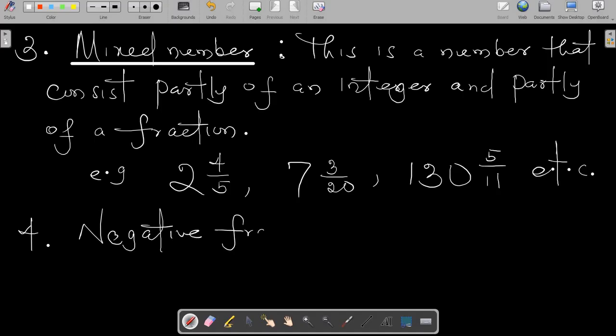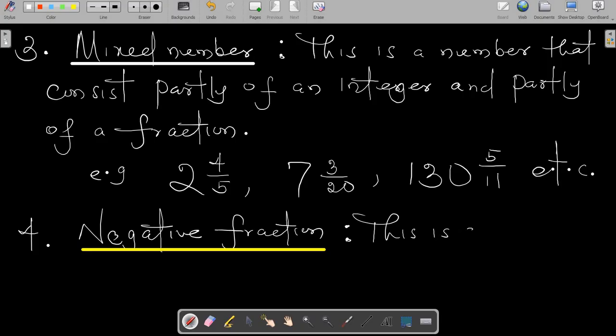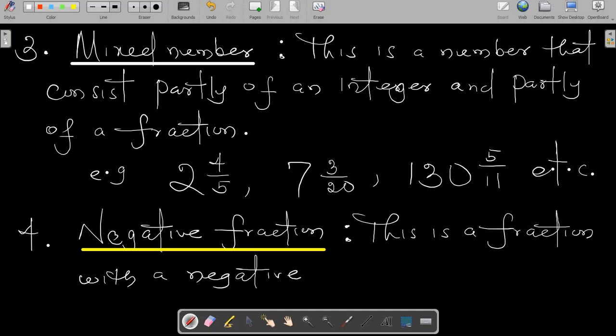So definitely I will say this is a fraction with a negative number.